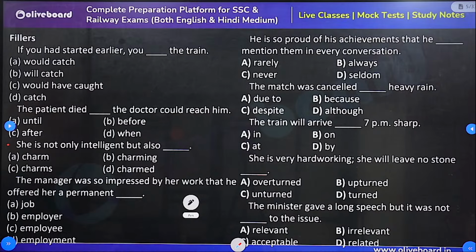She's very hardworking. She will leave no stone... Hello.